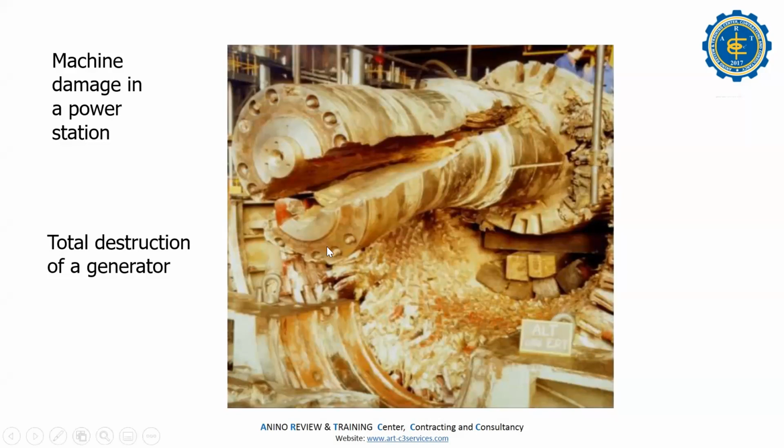So this is the example: machine damage in power stations, total destruction of a generator. Normally, if the equipment has no protection, this could lead to damage. It can also happen if there is a protection but it was disabled.